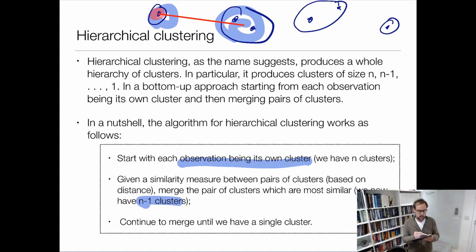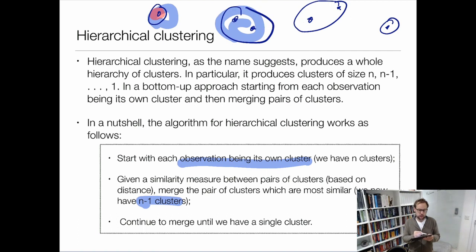Or I could say I define the distance between clusters as the shortest distance between any points in each of the clusters. There are different ways, but depending on how I define it, for example, if I define shortest distance, then maybe those 2 points would be the closest, and I would join them as a new cluster.